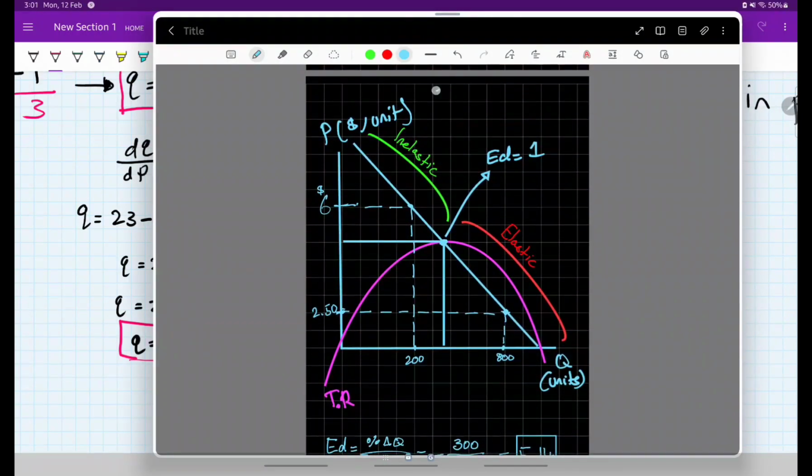Okay, so this is university coffee. You have your total revenue curve, your demand curve, and the prices and respective quantities, right?